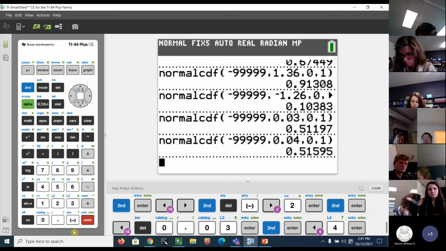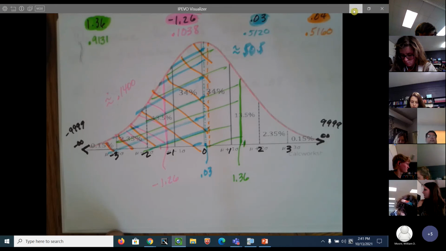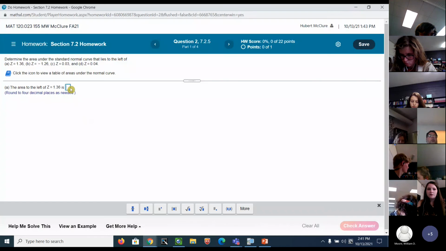Each one of those is a test question. In other words, if I was to give you a question on a test, it would be one of these. I wouldn't give you all 4, although they may put one on there with 4. So let's type it in and see what we got. 1.36 is 0.9131.